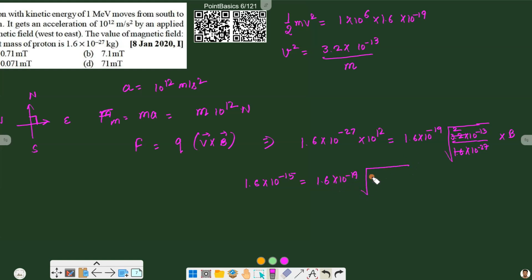Under root we have twice into 10 raised to power 14 of B. 1.6 gets cancelled, and we will have here 10 raised to minus 15 by 10 raised to power minus 19 root 2 into 10 raised to power 7 is equal to B.